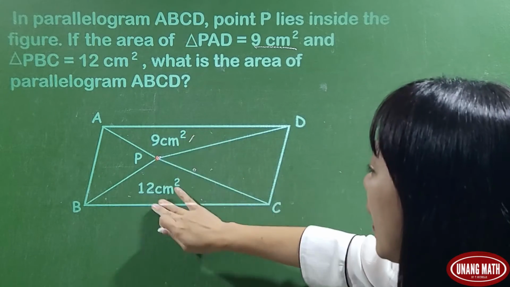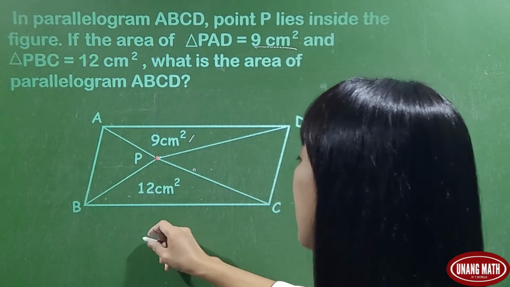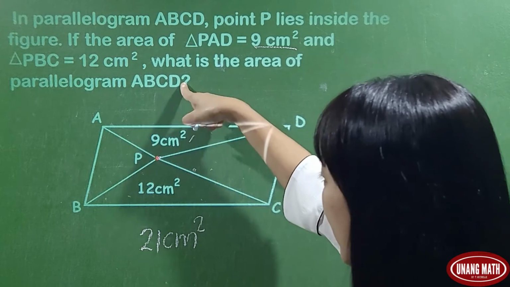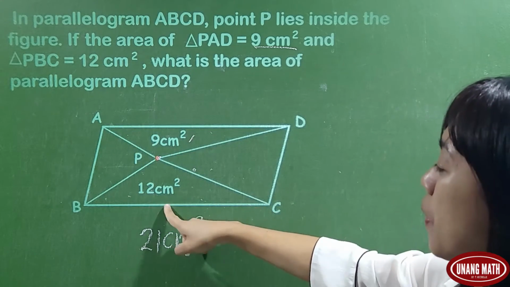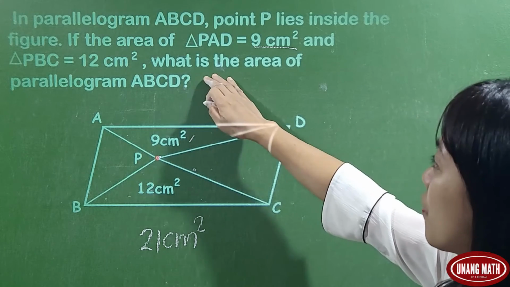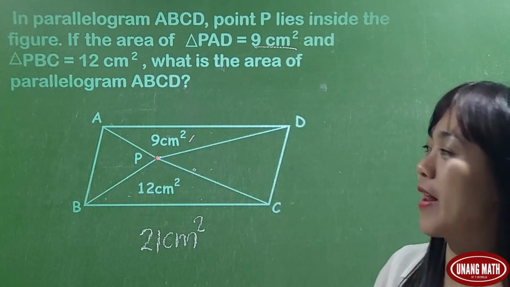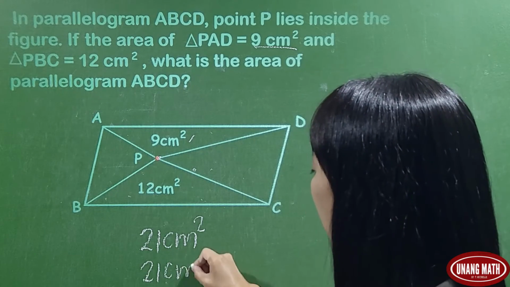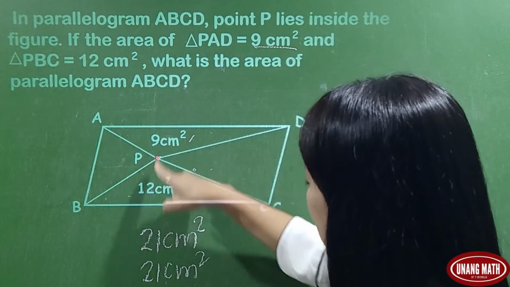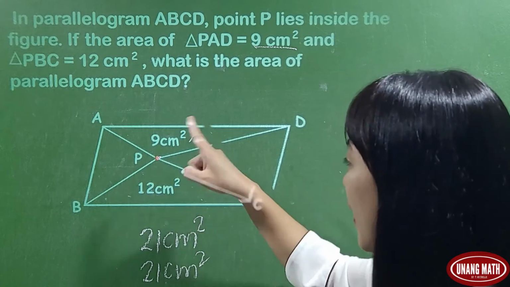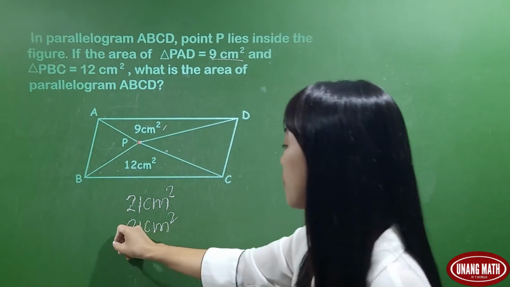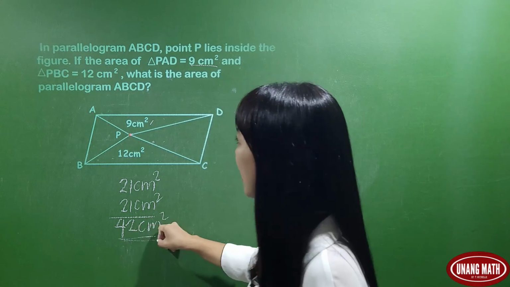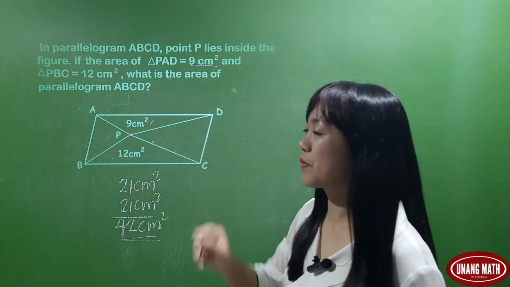So we have here 9 plus 12, then that's going to be 21. So 21 square centimeters for the top and bottom triangles. It's asking for the area of this parallelogram, so we just have to add another 21 square centimeters, because this sum plus this one is the total area of this parallelogram. So this is now equal to 42 square centimeters, and this is the area for this whole parallelogram.